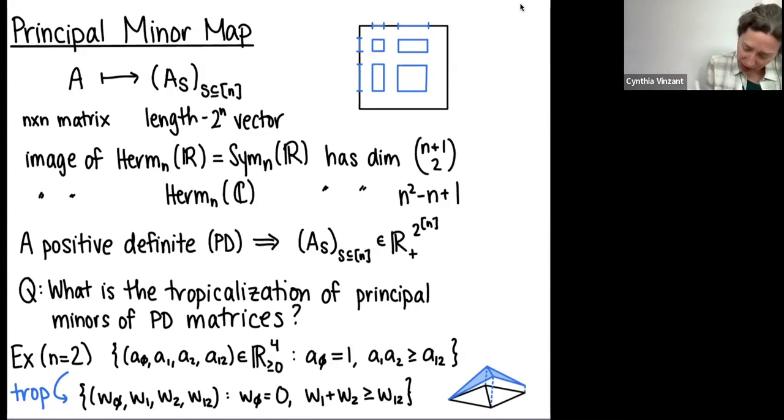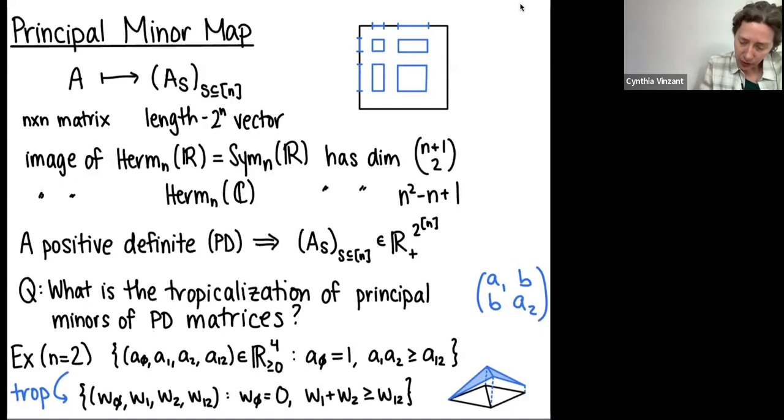As a small example, we start with a 2 by 2 symmetric matrix. We know its diagonal entries, and we have a mystery off diagonal entry.